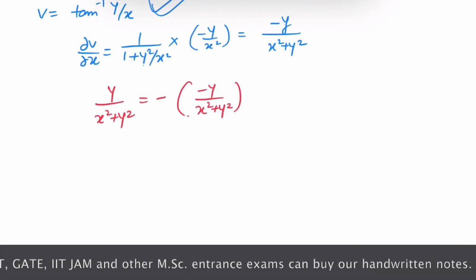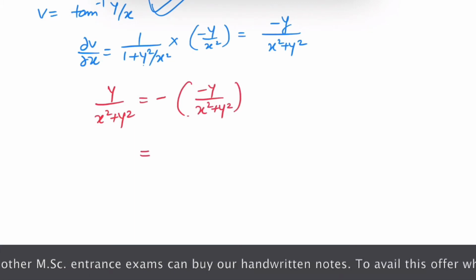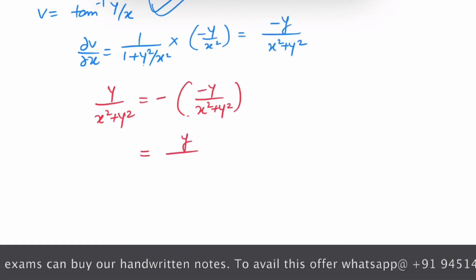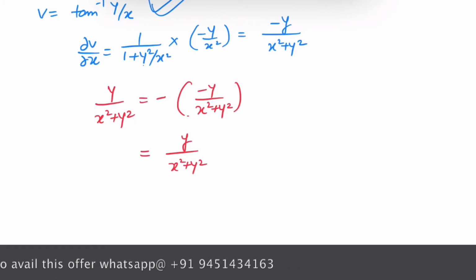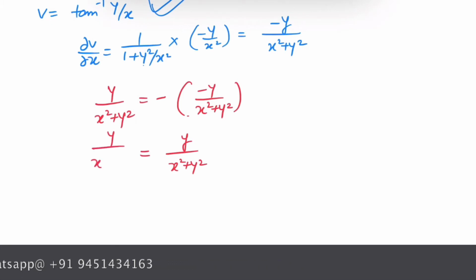You can see on the right hand side we have y over x square plus y square, and on the left hand side we have y over x square plus y square. So we can see function v satisfies the Cauchy-Riemann equations very well.